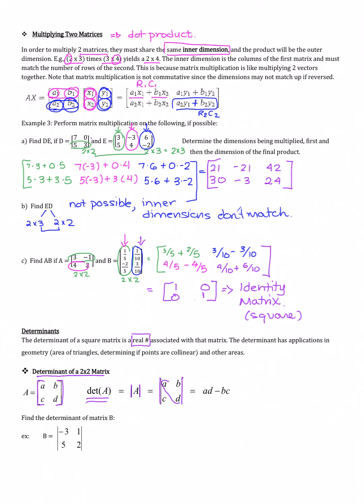It's basically cross multiplying: A times D minus B times C, and that's it. That would give me the number that is associated with that matrix as a determinant. Okay, so to find the determinant of matrix B here, I have negative 3 times 2 minus 1 times 5, so I would have a negative 6 minus 5, which is a negative 11. So a 2 by 2 matrix is really friendly.